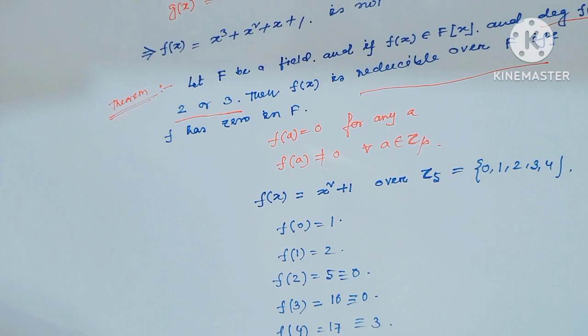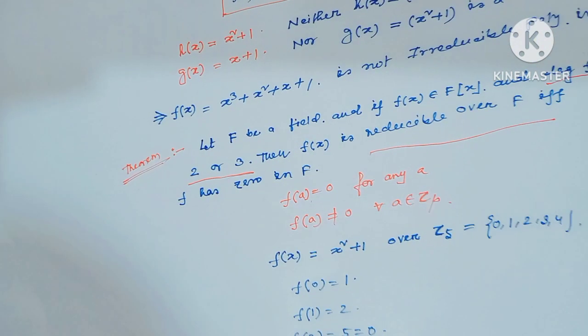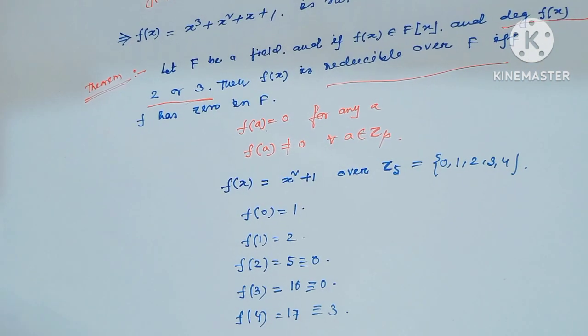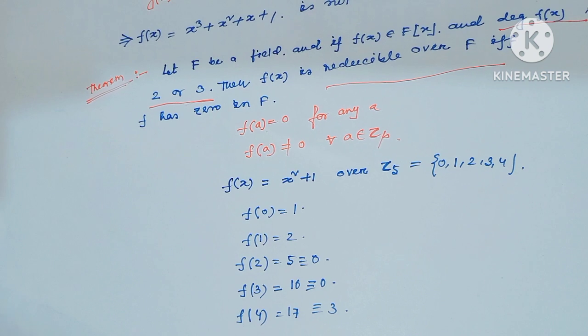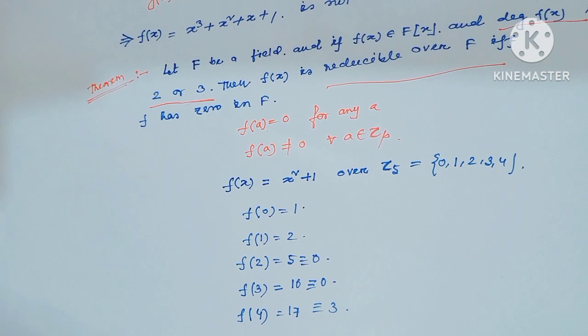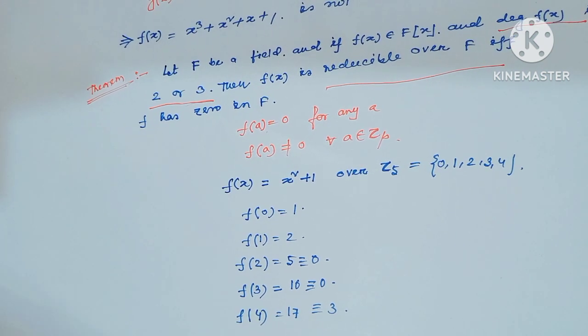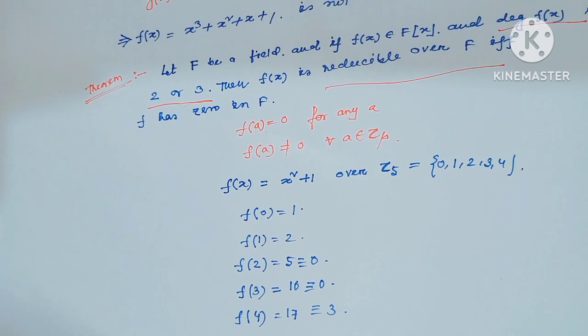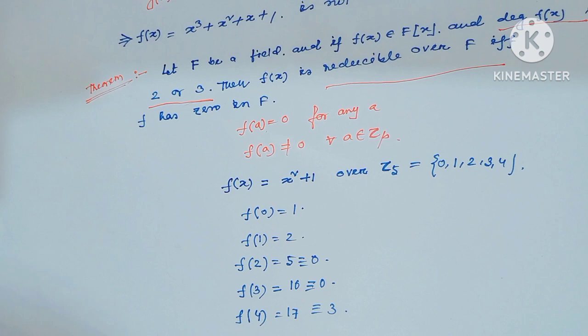As an example, consider f(x) = x^2 + 1. Notice here the polynomial is of degree 2, so we can apply this theorem, and we have the question: is the polynomial reducible or irreducible over the field Z5? Z5 obviously contains 0, 1, 2, 3, 4.